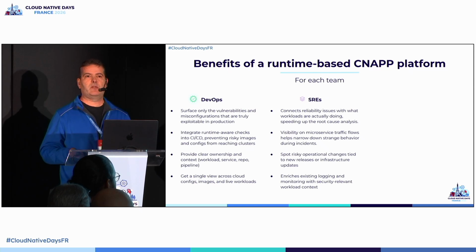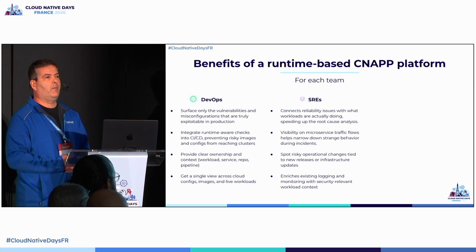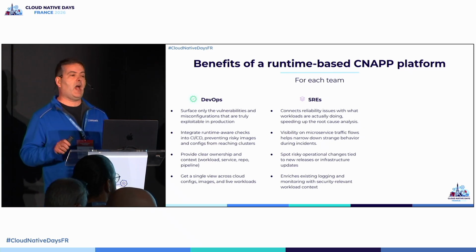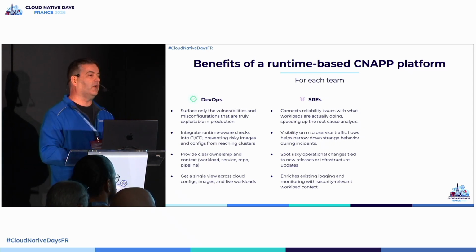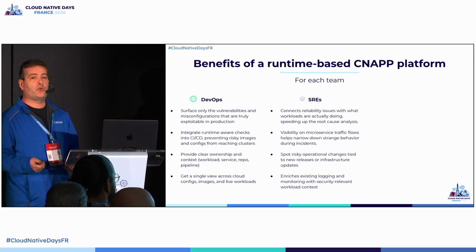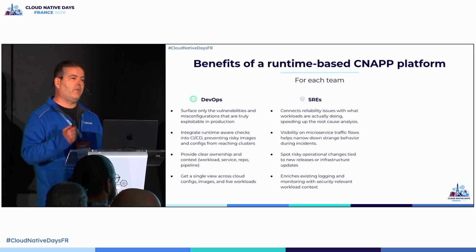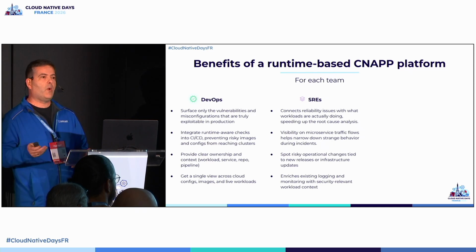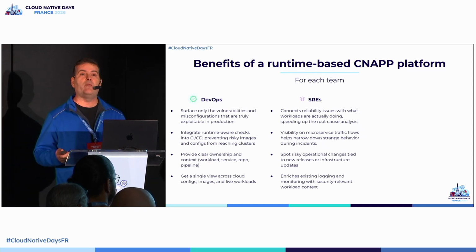What about SREs? What do SREs care about the most? Reliability and stability. They are happy if things work out very well. But when things go south, they need to have the right tool and visibility to identify what workload is misbehaving.